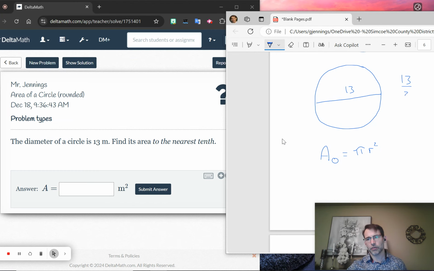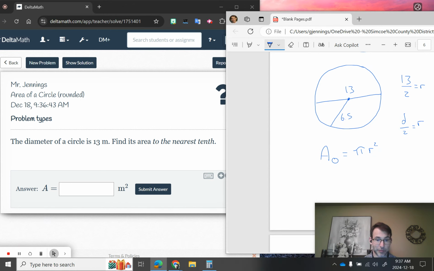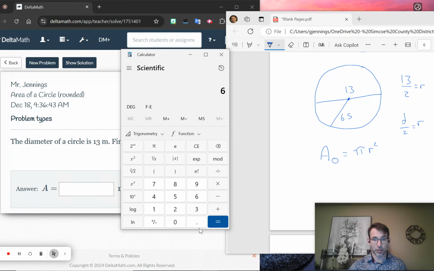I go 13 divided by 2 equals the radius, because diameter divided by 2 equals radius, from the center out. That's 6.5. So I do 6.5 squared, which I don't happen to have memorized, and I could work it out, but I don't want to, so I'm going to use the calculator, and then multiply by pi and say equals.